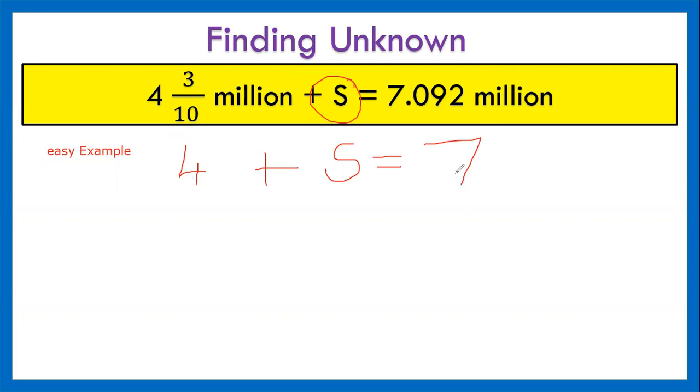Now, even a standard 1 child is able to do this. You know that this something is actually 3. Sorry, in fact, I should not have written S here. 4 plus something gives you 7. This something is your S, your unknown.